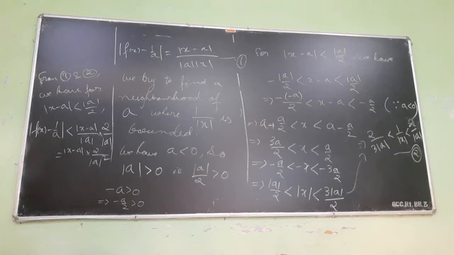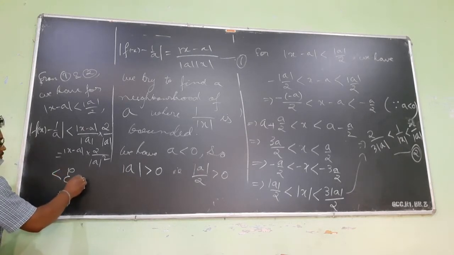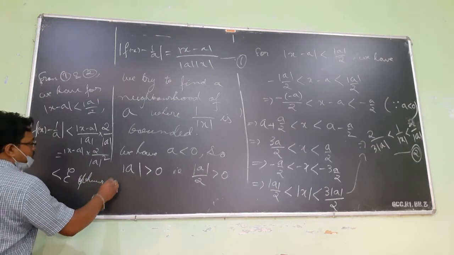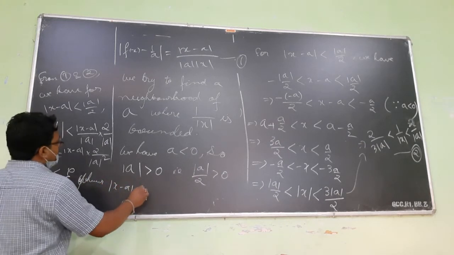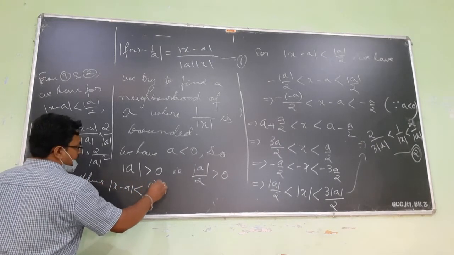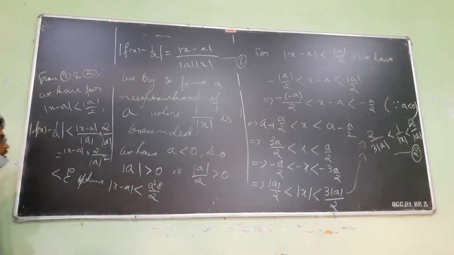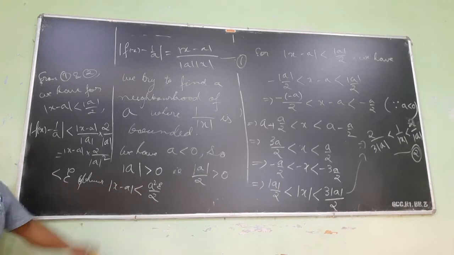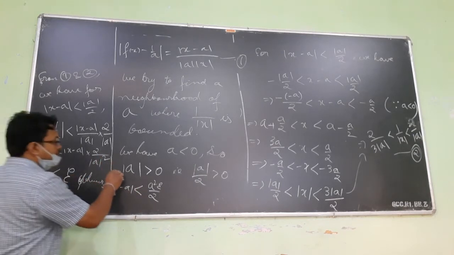So this is the idea. This can be made less than epsilon whenever mod of x minus a is less than epsilon a square by 2, because ultimately mod a square is the same as a square.